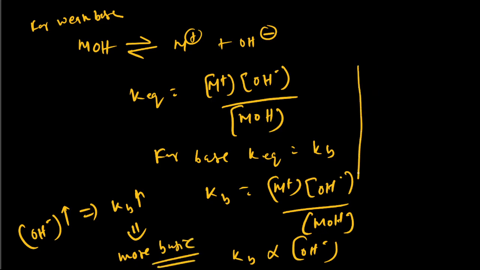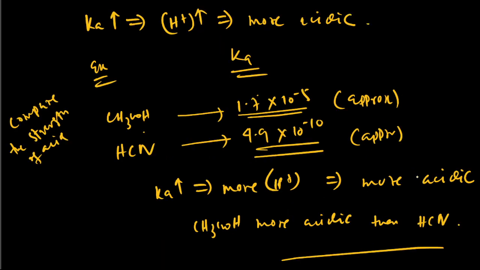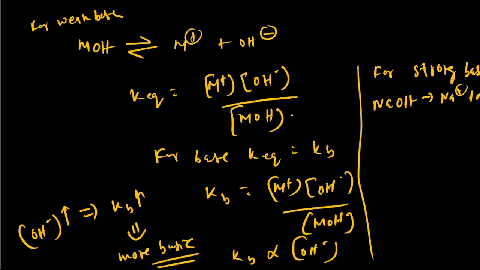Whereas for a strong base like NaOH, which gives Na plus and OH minus, it is completely ionized.